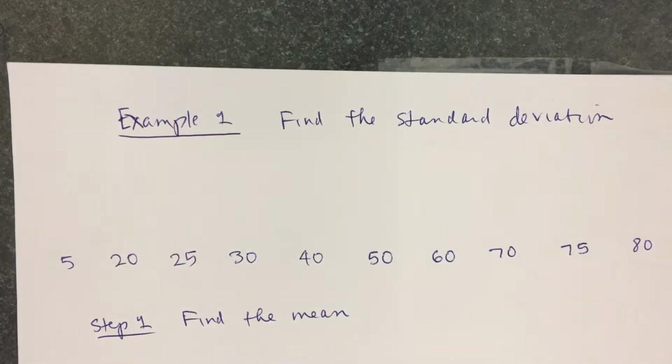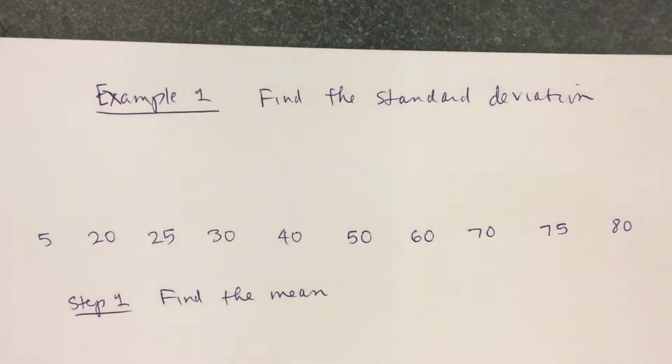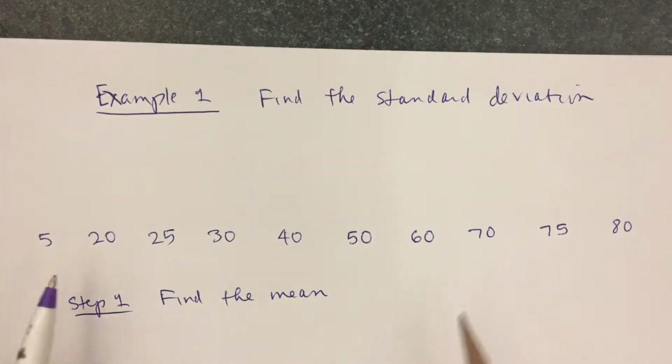So I'm going to have to find the mean. Now, because this data set is perfectly balanced, perfectly symmetrical, the mean is going to be 50. If you're not sure about that, you can calculate it. And if you are thinking, what do you mean by the mean is 50? You can tell that just by looking at it.